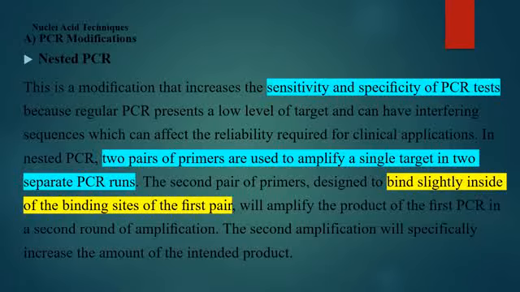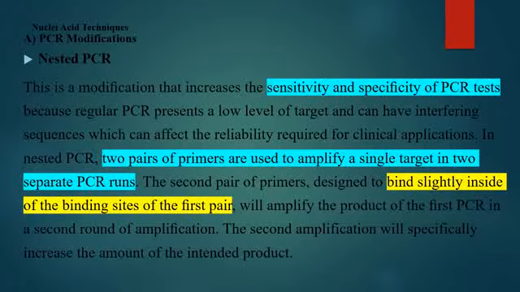So in regular PCR, you produce a longer target region, but in the nested, you zoom into the particular portion of what you have produced originally in a regular PCR. So you produce a regular PCR, you pick another portion of that thing you've produced, the amplicon, and then work on just that section. So in the nested PCR, two pairs of primers are used to amplify a single target in two separate PCR runs.